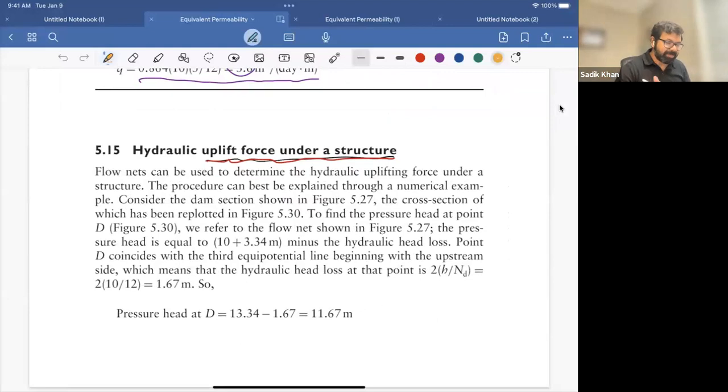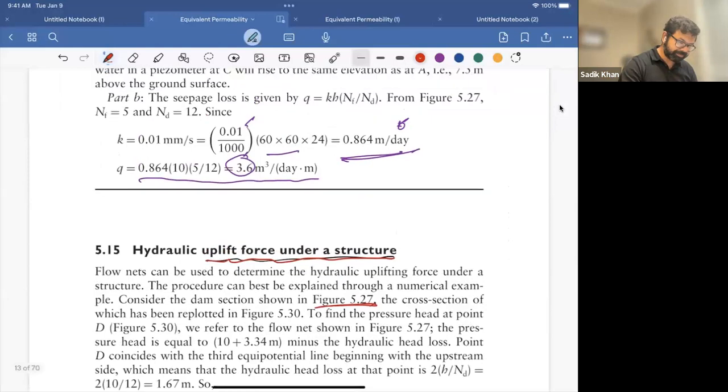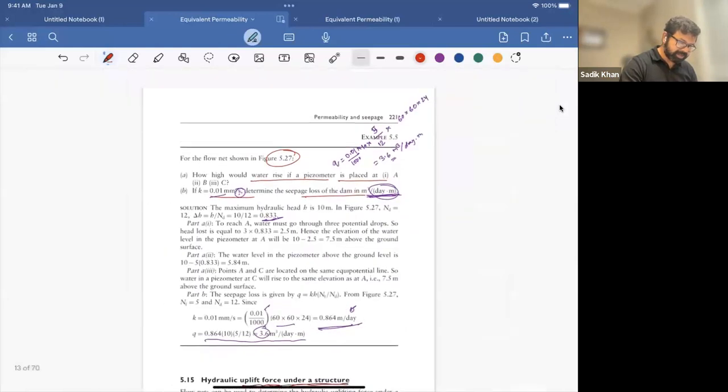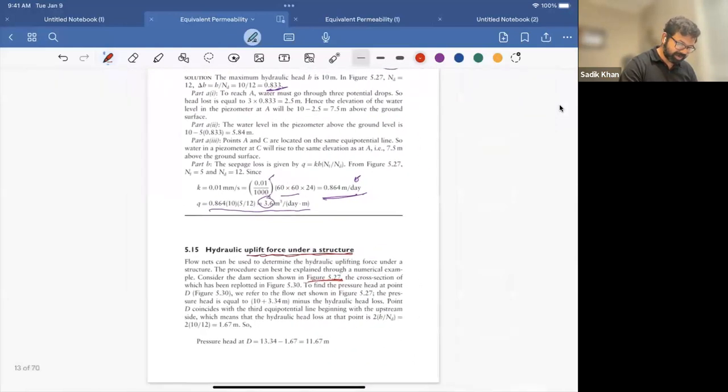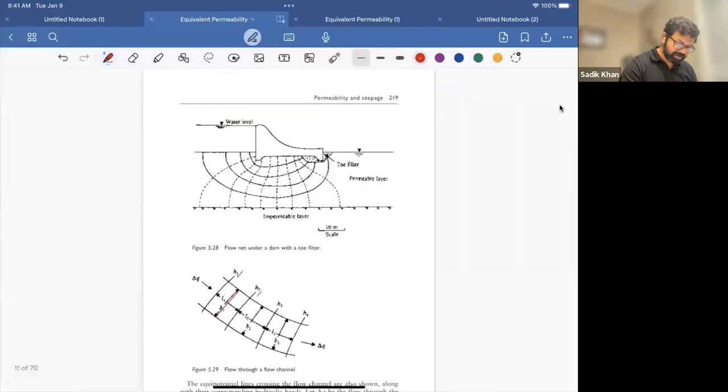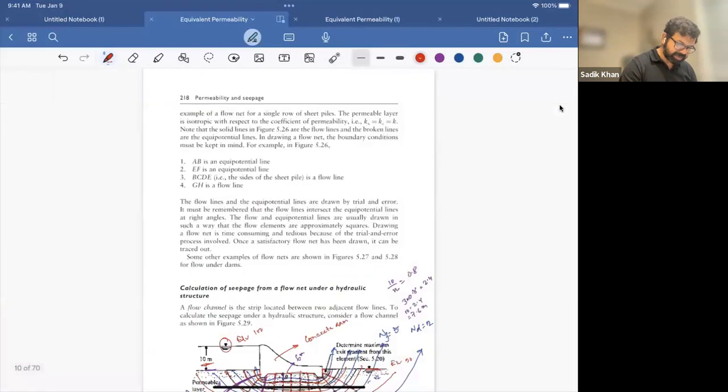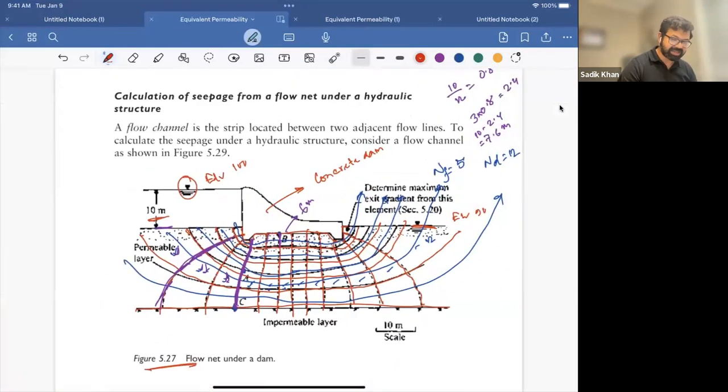So the uplift pressure is, let's look at the problem. So the problem is figure 5.27. What is figure 5.27? The same problem that we did, right? So figure 5.27 is this one, which we did in the last class. In figure 5.27, we have our flow lines, right?